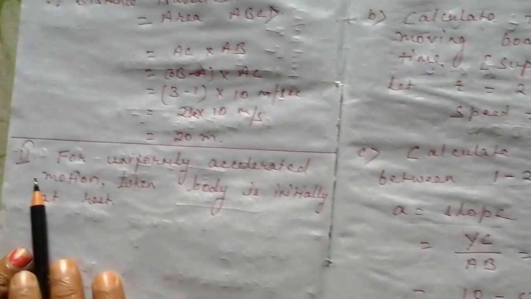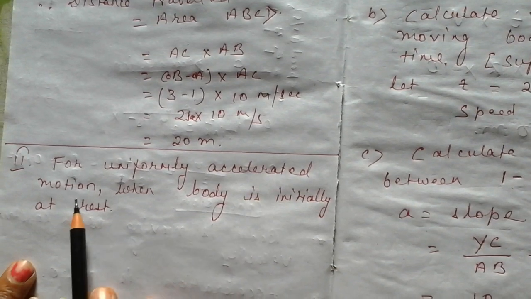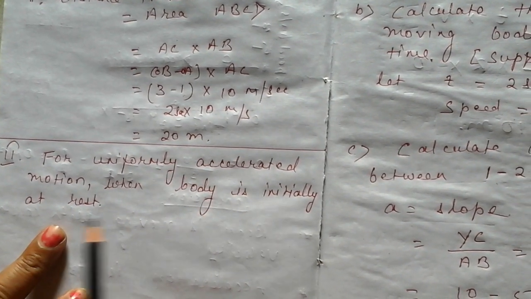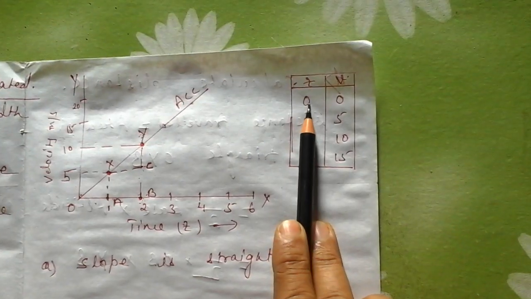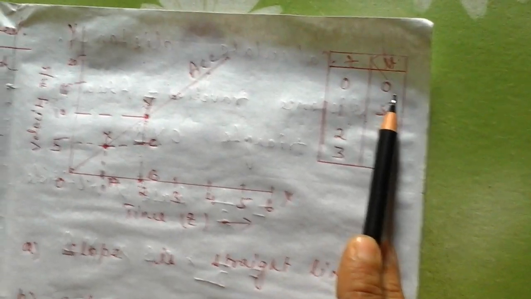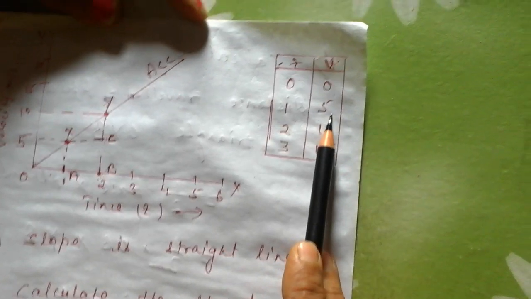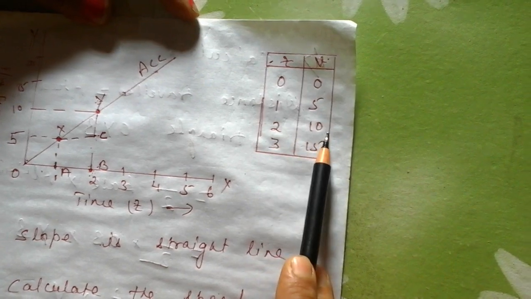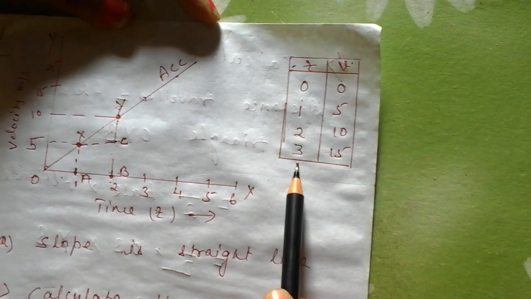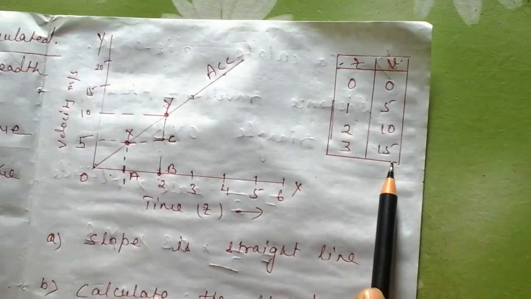The second graph I am showing you is for uniformly accelerated motion when the body is initially at rest. This is the data I have given you. Just you see, at time 0, velocity is 0. At time 1 second, velocity is 5 meter per second. At time 2 seconds, velocity is 10 meter per second. At time 3 seconds, velocity is 15 meter per second.